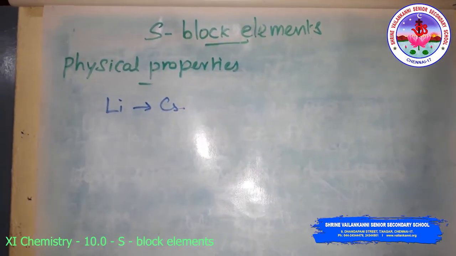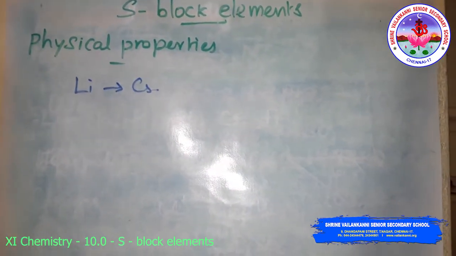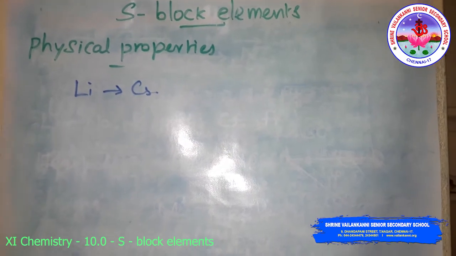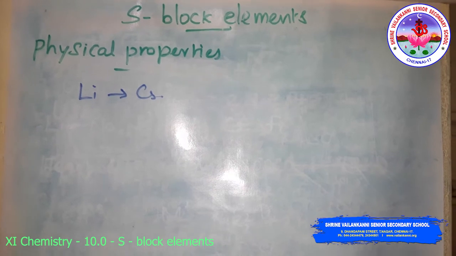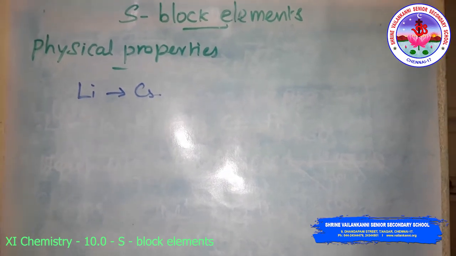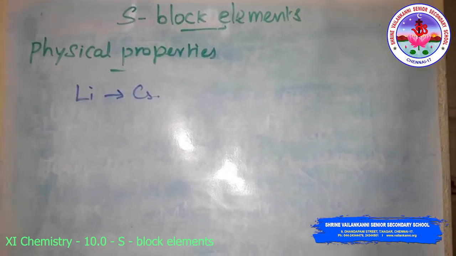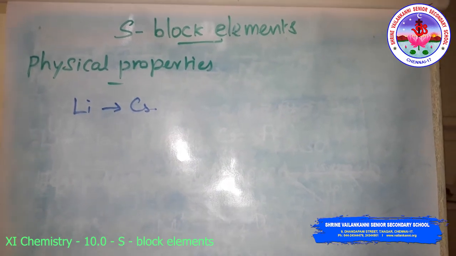Potassium is lighter than sodium. The melting and boiling points of alkali metals are low, indicating weak metallic bonding due to the presence of only a single valence electron. That is why they behave like this.